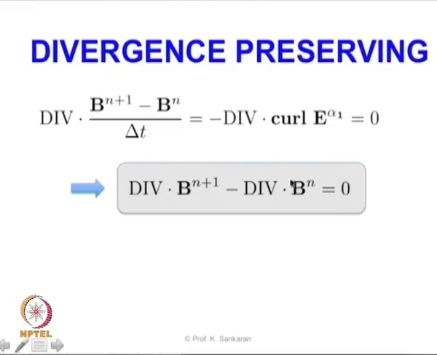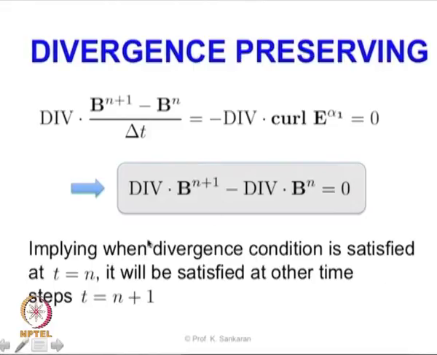This is from vector calculus. Hence, once the divergence condition is satisfied for the nth time step, it will always be satisfied for the n plus 1 time step, and you can go on doing it recursively. Once it is satisfied for n plus 1, it will be satisfied for n plus 2, and so forth. So for all the time steps it is valid.